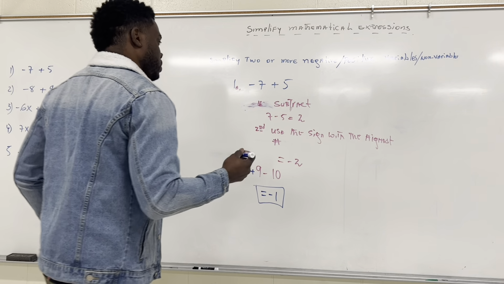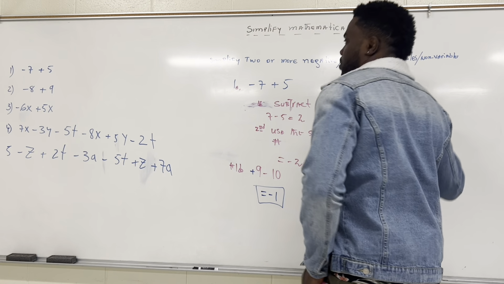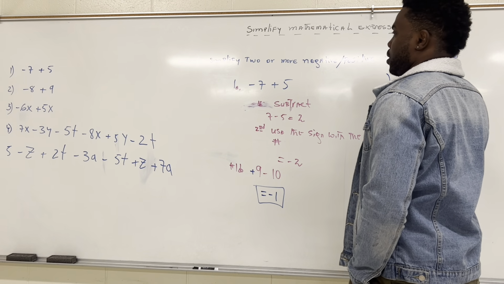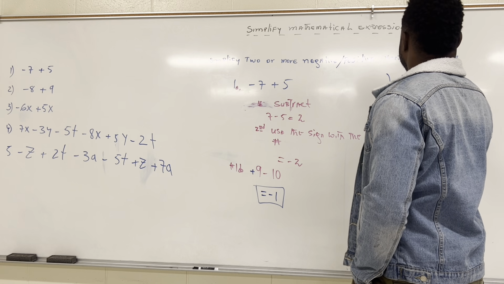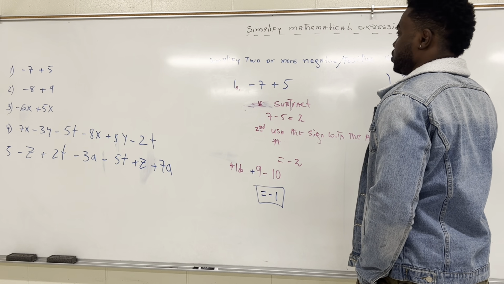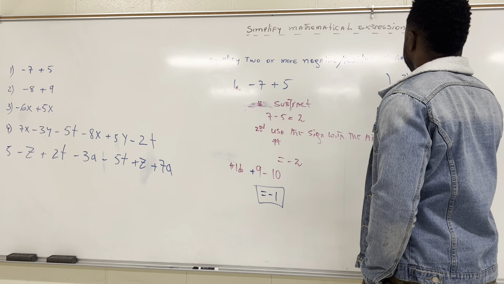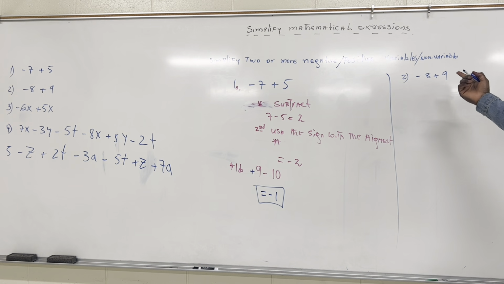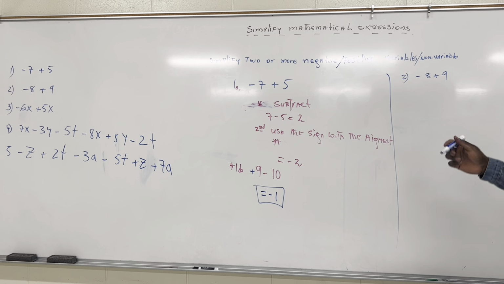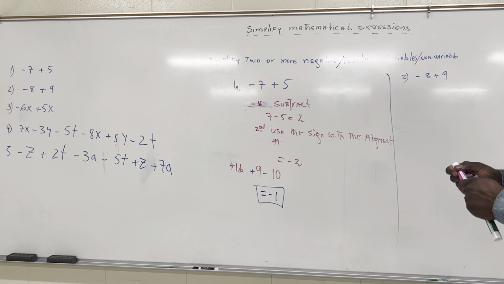So now let's do example number 2. Example number 2 is -8 plus 9. Which sign has the highest number? The sign with the highest number is positive.